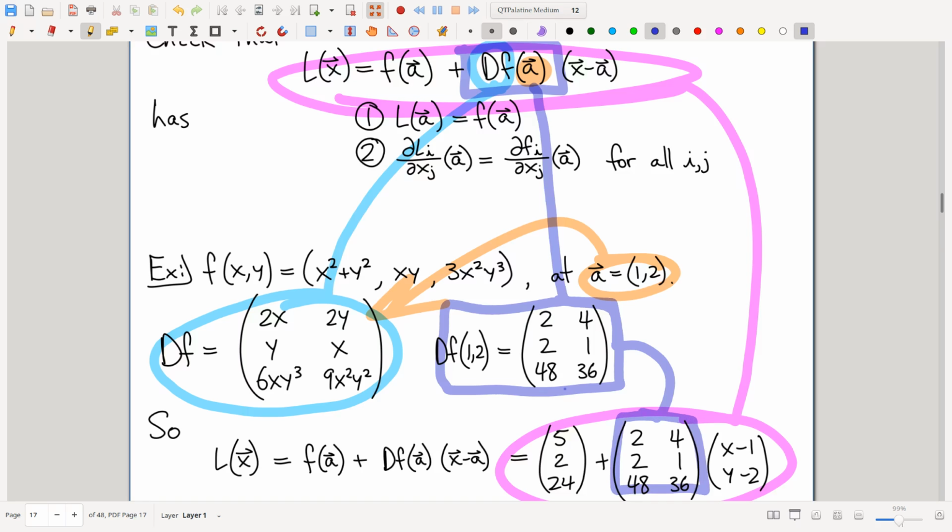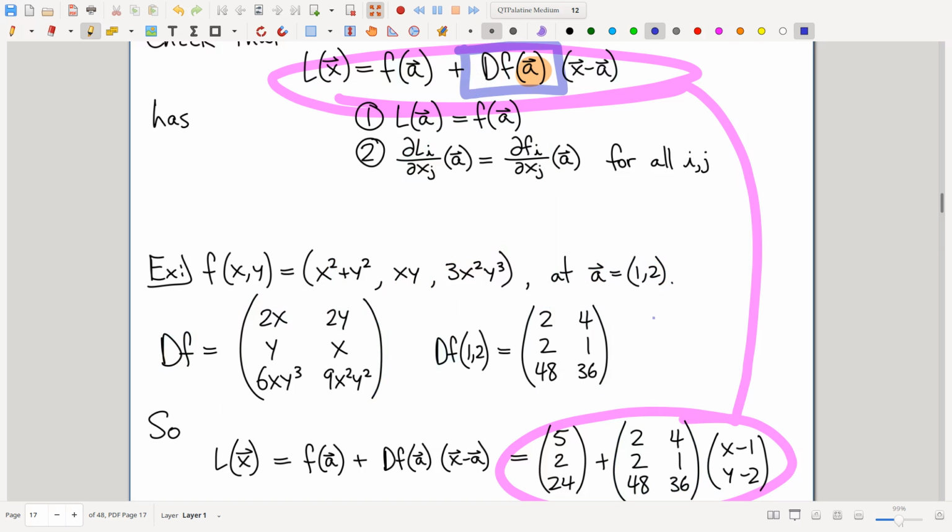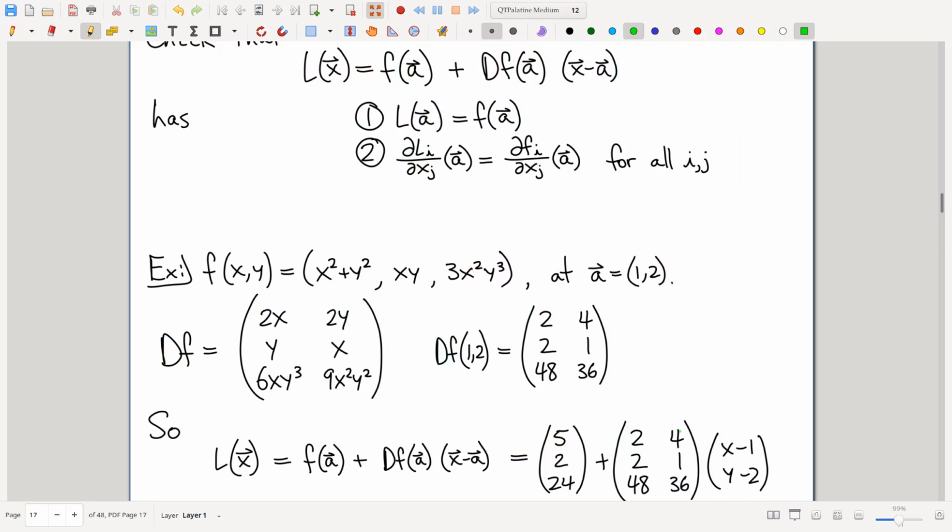Partial derivatives, plugging in numbers, no tricky curves. And then, of course, you're multiplying that matrix times x minus a, just like before. So boom. Everybody all right?